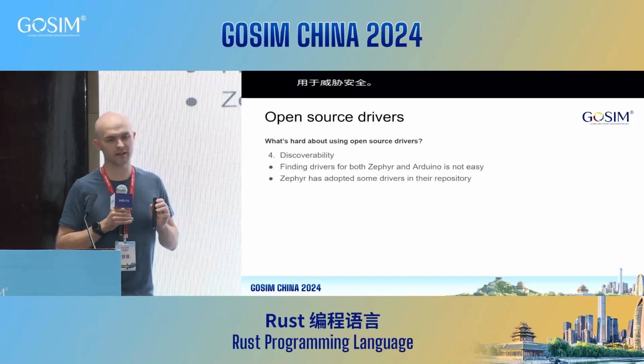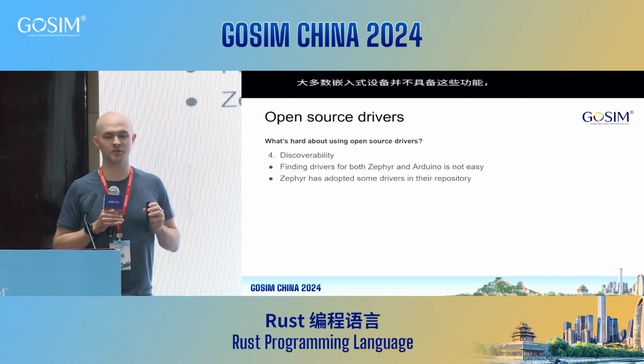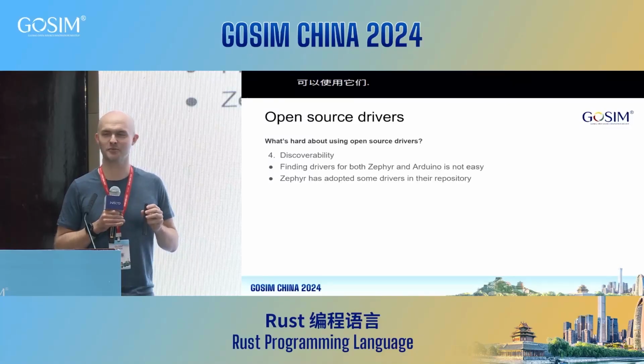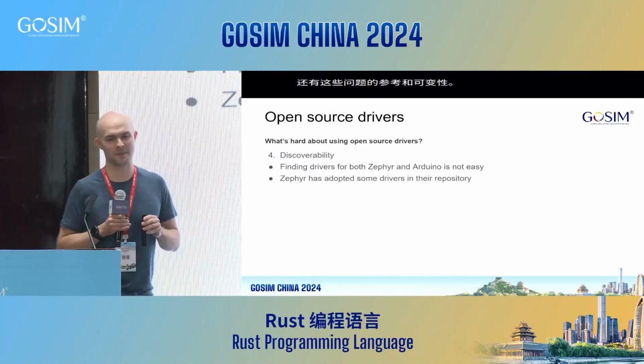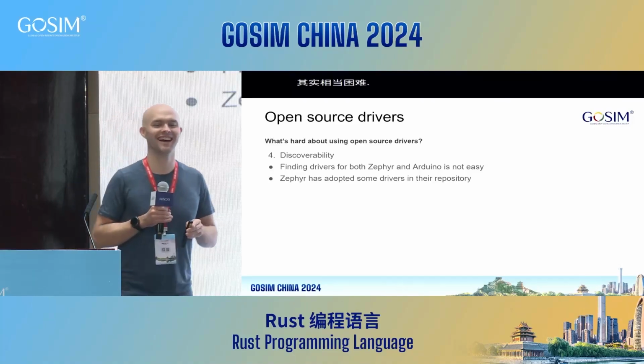And finally, discoverability. Finding open source drivers online is actually pretty hard. If you Google or use some search engine to find a driver, you need to be pretty specific, and often words conflate. Zephyr has its own repository, of course, with its drivers. It's not many drivers.